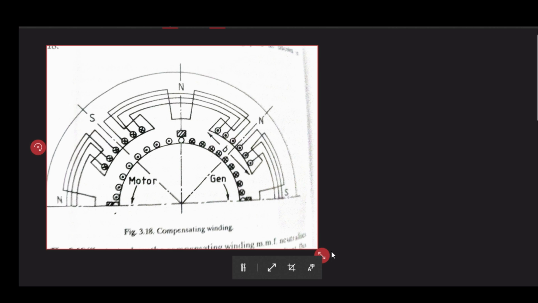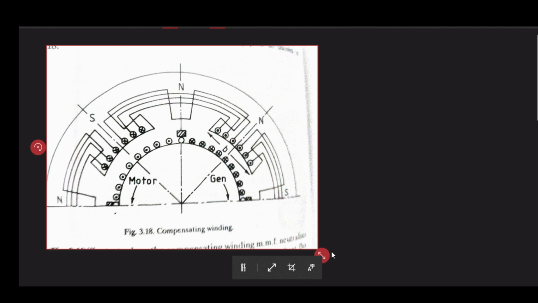Like the compensating winding should also produce an effect proportional to the armature current, otherwise it cannot neutralize the distortion of flux. So like the interpole, it must be connected in series with your machine, right? And the polarity should be such that the compensating winding should carry the current just opposite to your armature conductor.